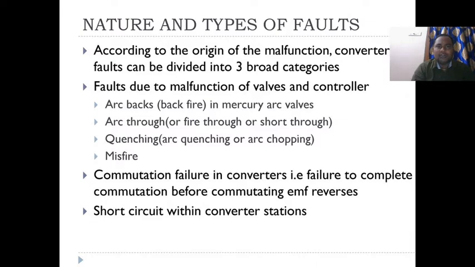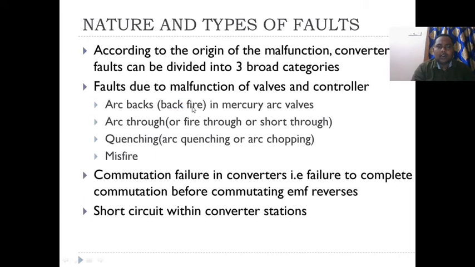So faults due to malfunction of valves and controllers are mainly: arc back, also called backfire in mercury arc valves. Second, arc through, or fire through, or short through. Third is quenching. Fourth is misfire.